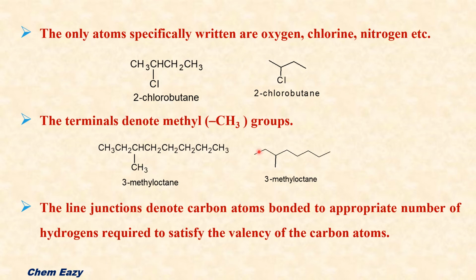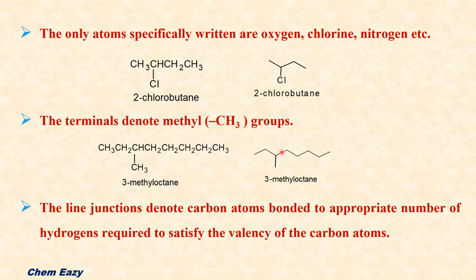So here one single bond, here one single bond is there. It means what? Carbon with two hydrogen atoms is present here because here only two bonds are there. So to satisfy the valency of the carbon atom, the carbon which is present here is bonded with two other hydrogen atoms. So in this place CH2 is present.